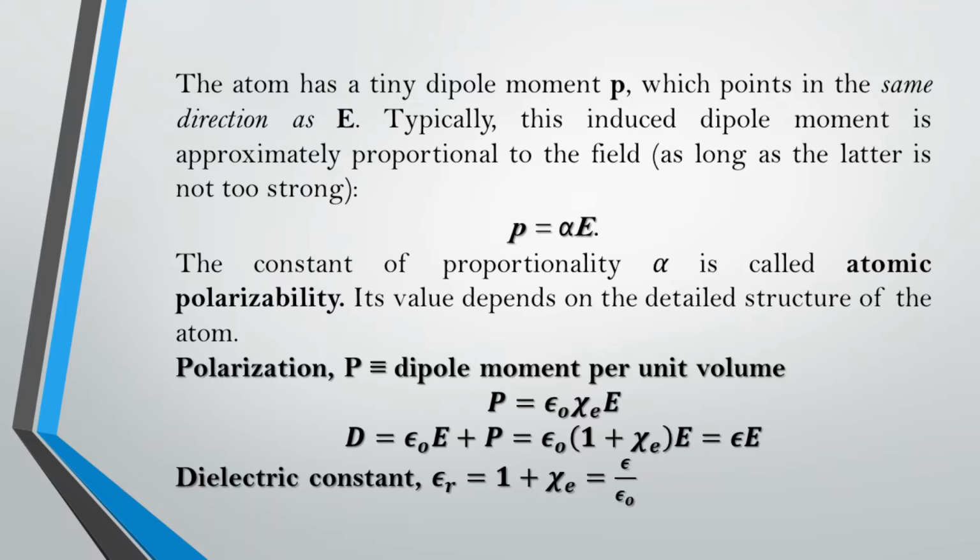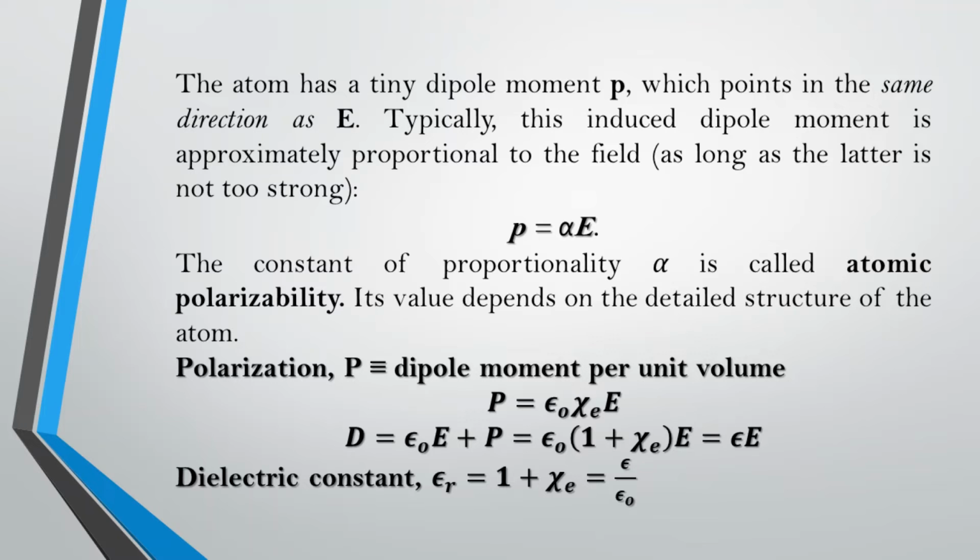That is why we cannot compute capital P directly from the equation P is equal to epsilon 0 chi E. So we'll introduce here the displacement field. The displacement capital D is defined as epsilon 0 E plus P, and this displacement capital D, we can get directly from the free charge distribution.